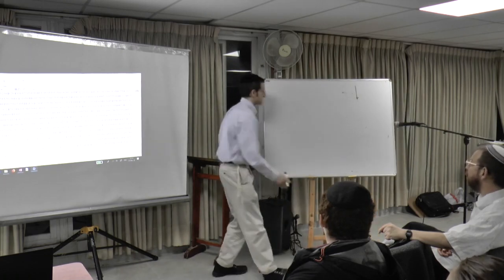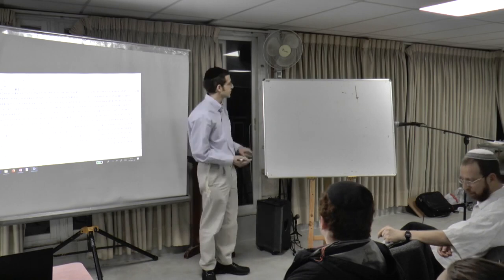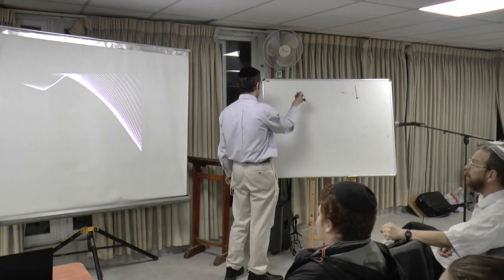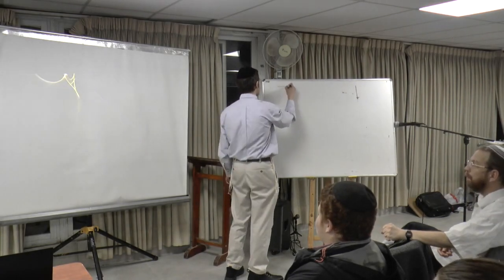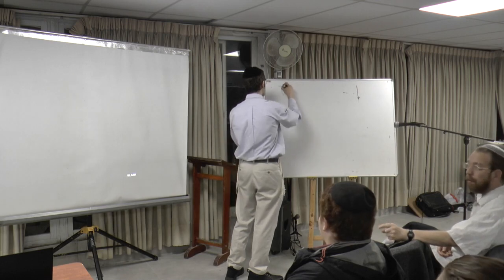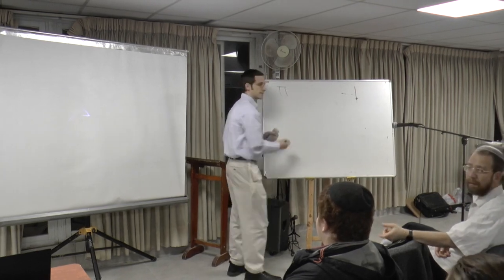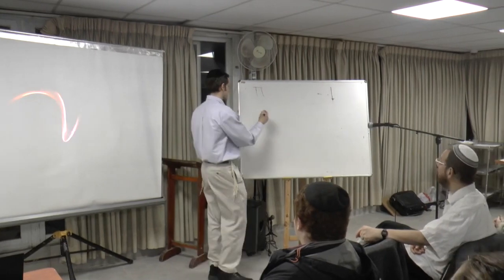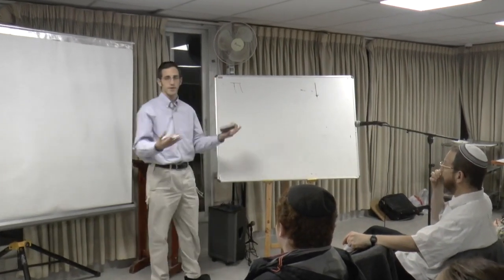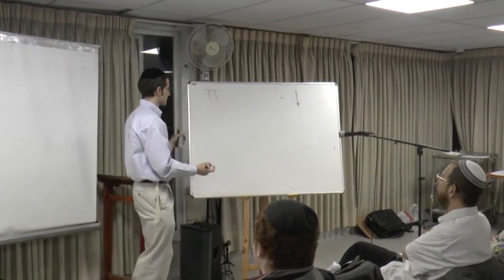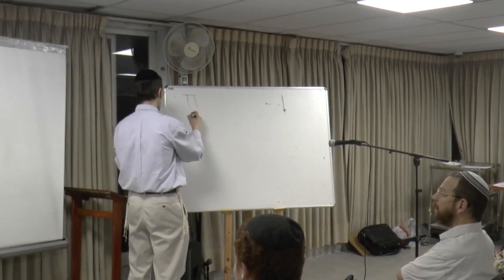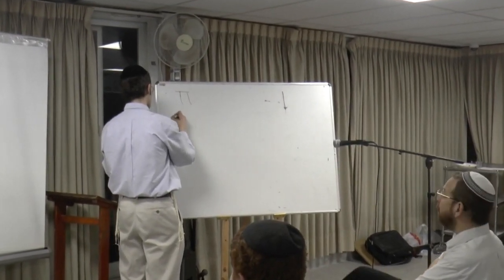I'm going to repeat some things which were said a little bit quicker before. Pi is usually defined, there are different ways of defining it, but one way is that it has to do with the ratio of, if you have a circle, you look at its circumference.